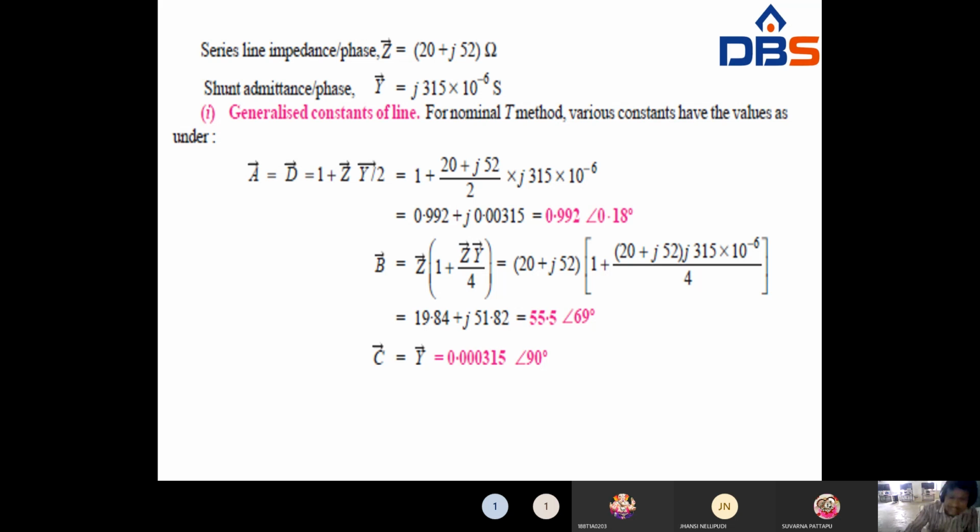Now B is equal to Z into 1 plus YZ by 4. What is the Z value? 20 plus j52. What is 1 plus YZ by 4?